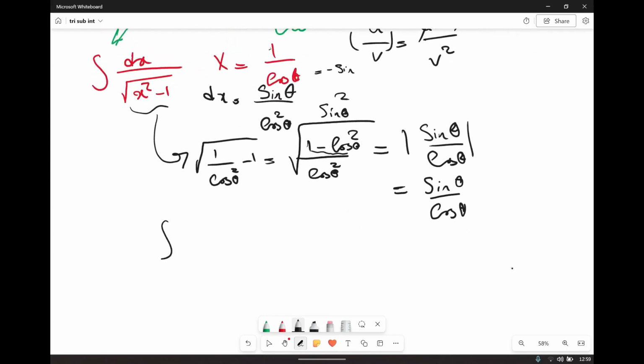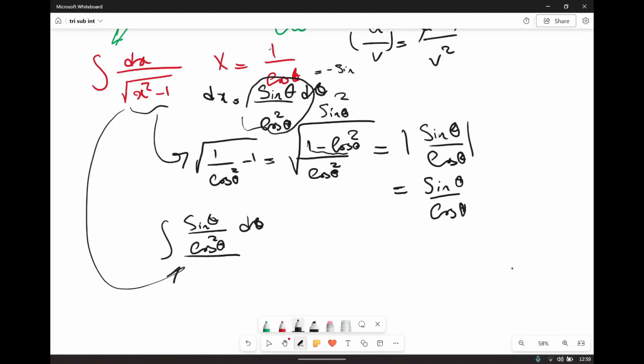The integral of dx is exactly this. I put in here sine theta over cosine squared theta d theta, because the derivation is with respect to theta, and divided by this radical, which is sine theta divided by cosine.